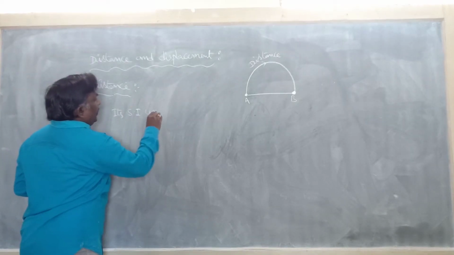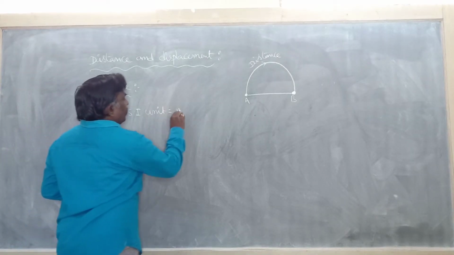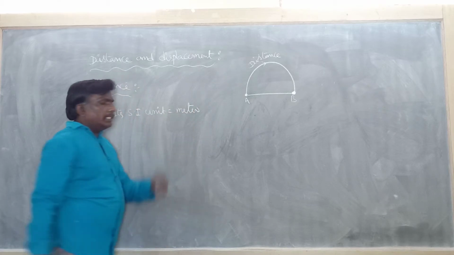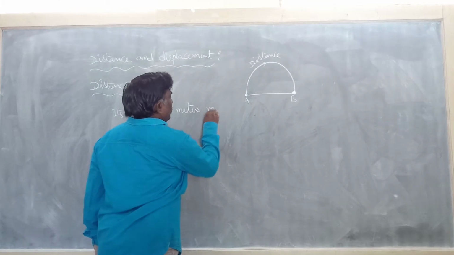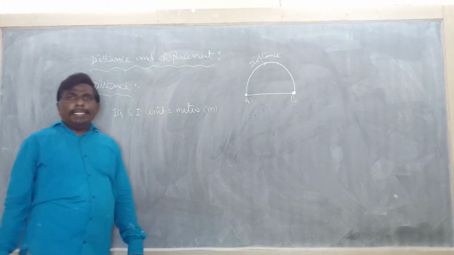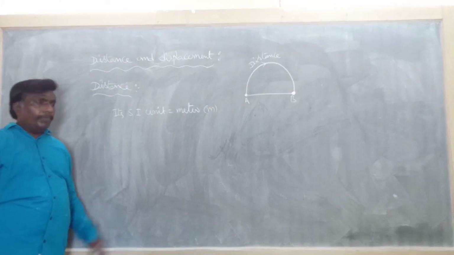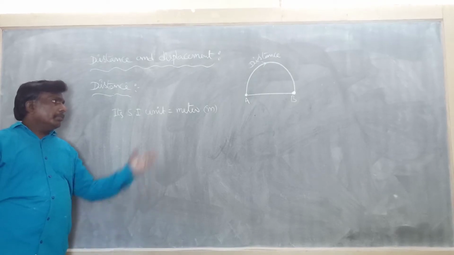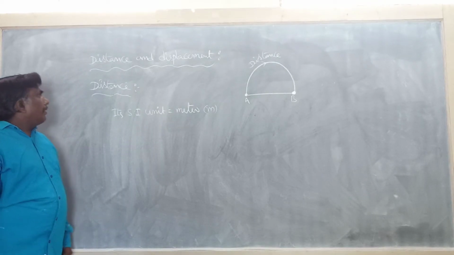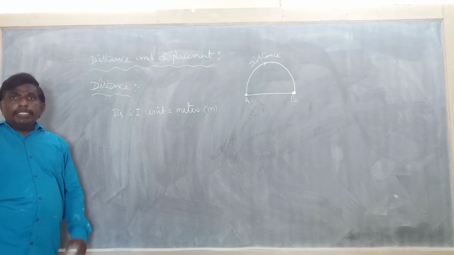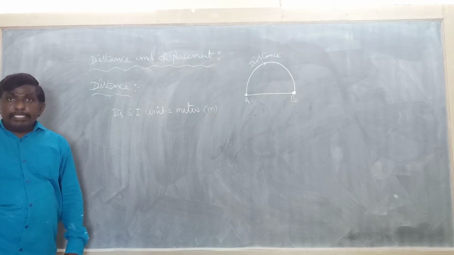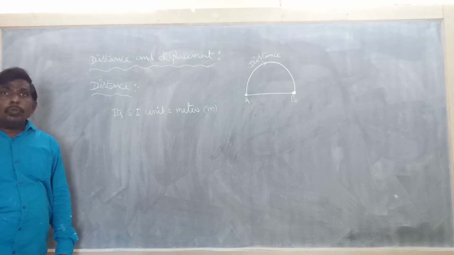This SI unit is meter, which can be represented as small letter m. The symbol of meter is small letter m. And this distance is a scalar quantity.